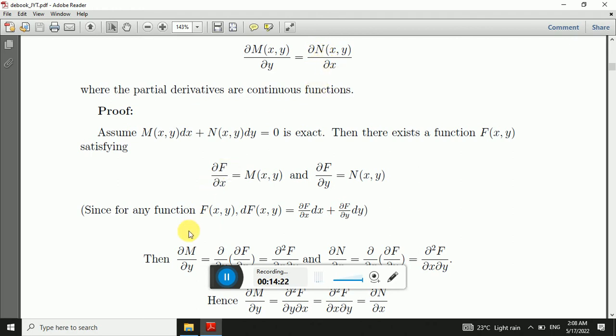So we want to find the partial derivative of M with respect to y, then after, we shall get the partial derivative of N with respect to x. If these two are equal, then we shall conclude that an equation of this form is exact. Okay, so let's start and see how it goes.